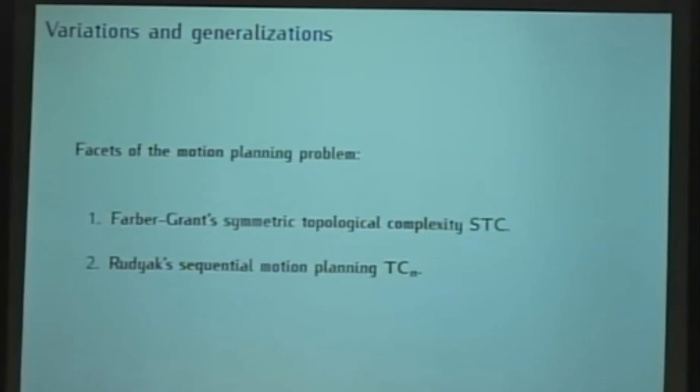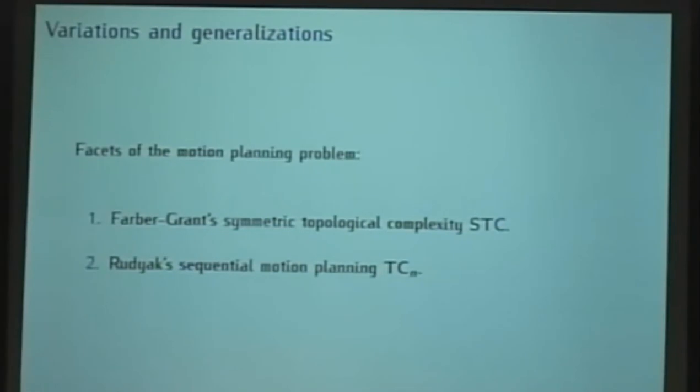There is also Rudyak's generalization of Farber's TC, which is also called sequential topological complexity or higher topological complexity. And this is, again, the same thing. Perhaps it's a more natural application because here the tasks are represented not only by a pair of initial and final points, but also a sequence of intermediate points.